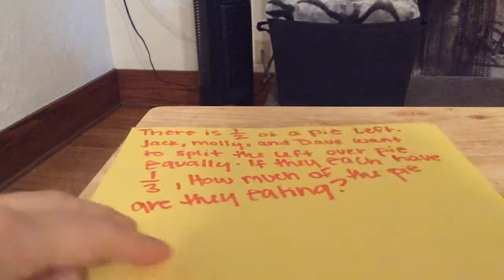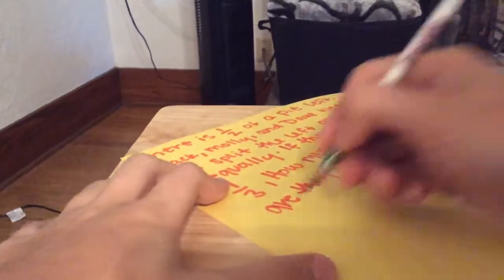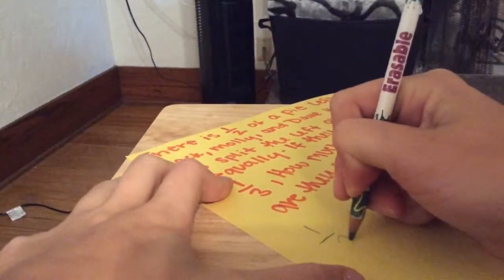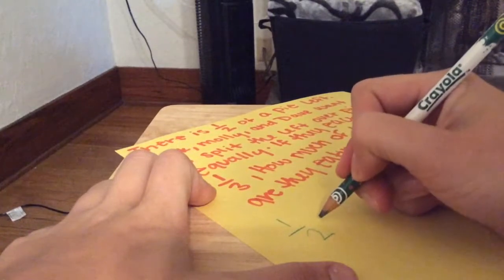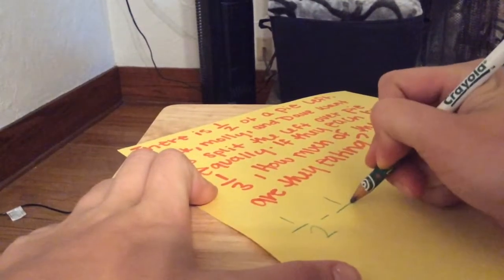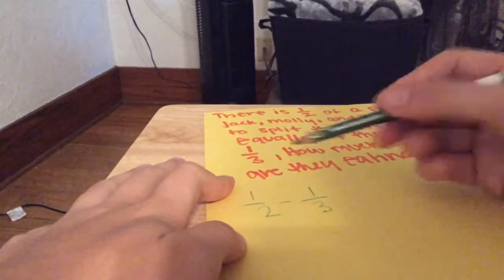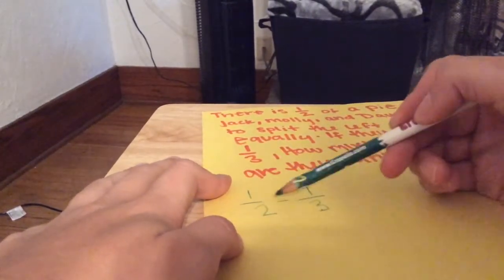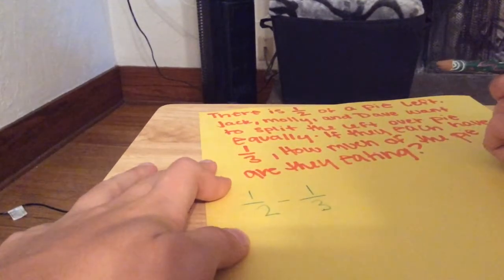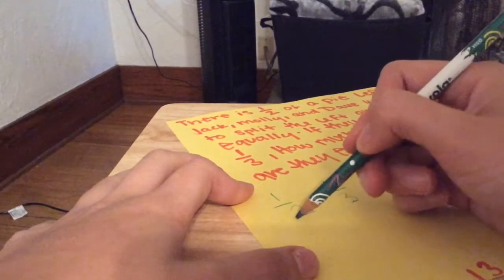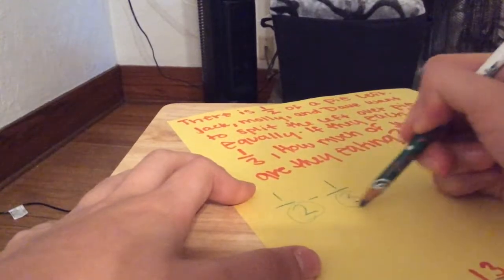So we know that there's a half a pie left. And they're each going to get 1/3. So we're going to subtract 1/3. So you have 1/2 minus 1/3. Well, like we did on the other side, we have to find common denominators.